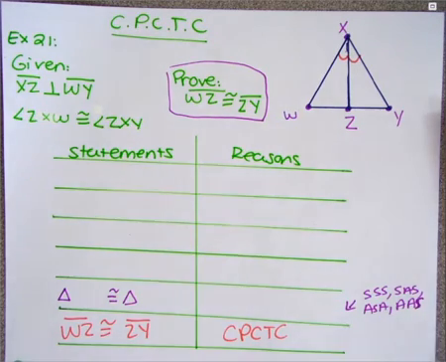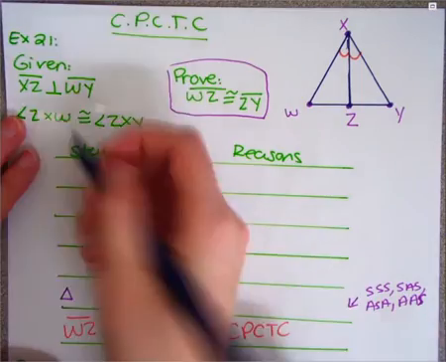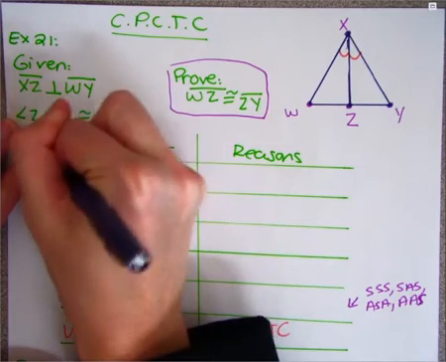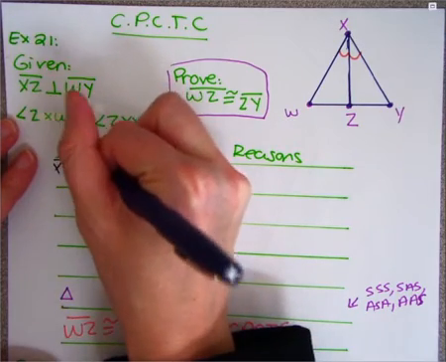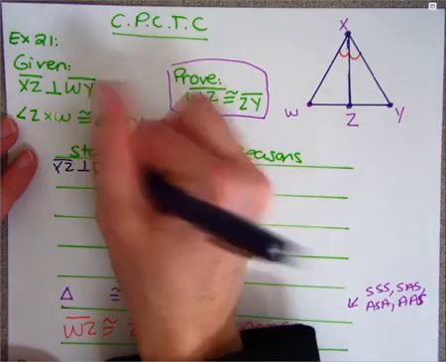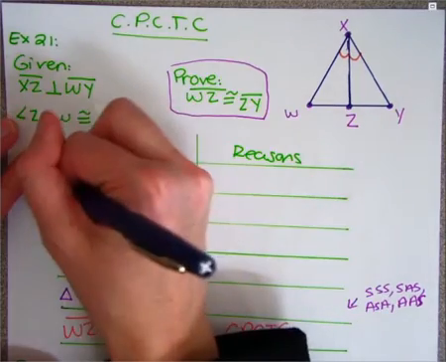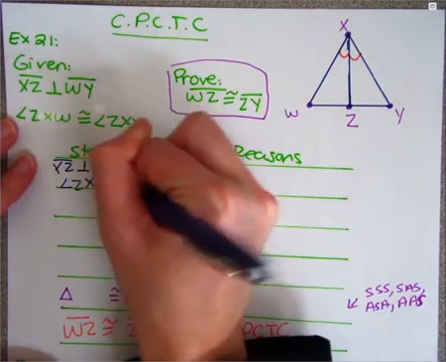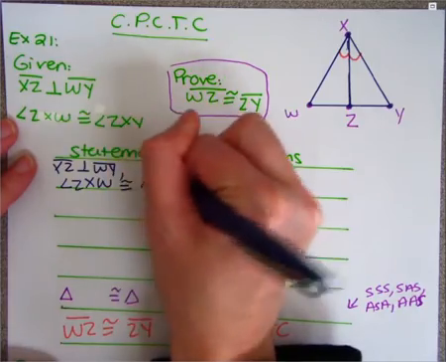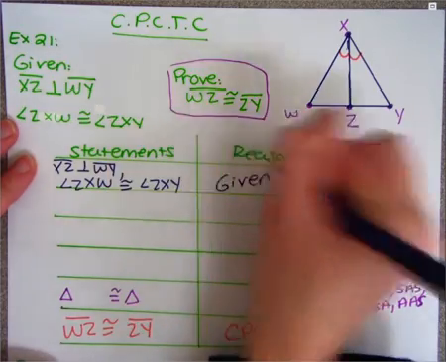So like normal, we always write the given first. So I'm going to say that XZ is perpendicular to WY. And then I also know that angle ZXW is congruent to angle ZXY by our given.